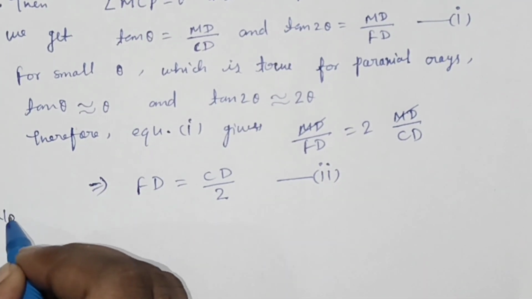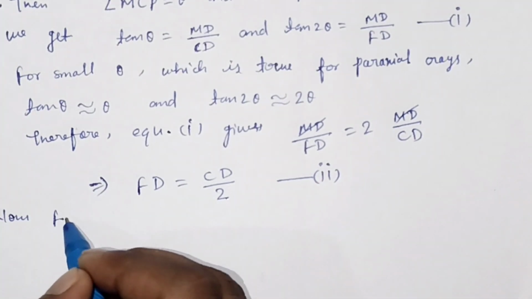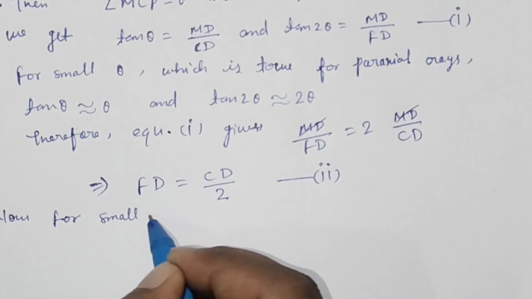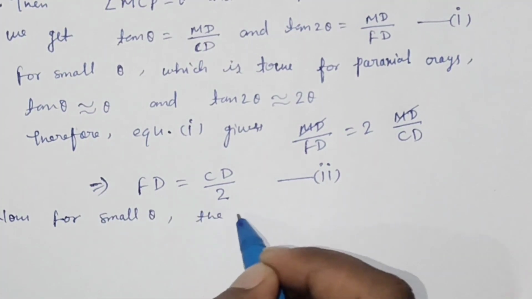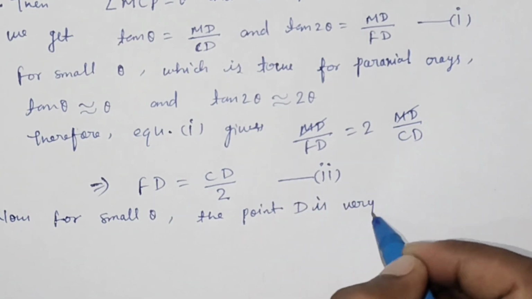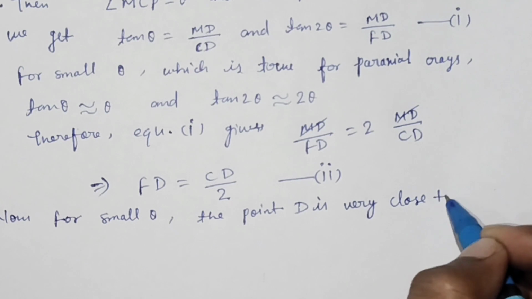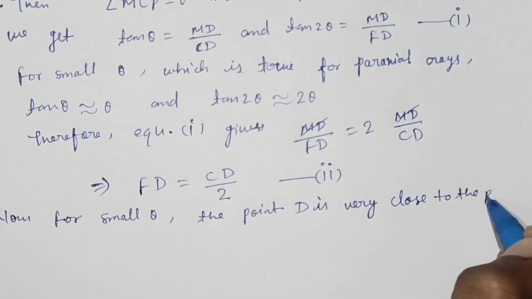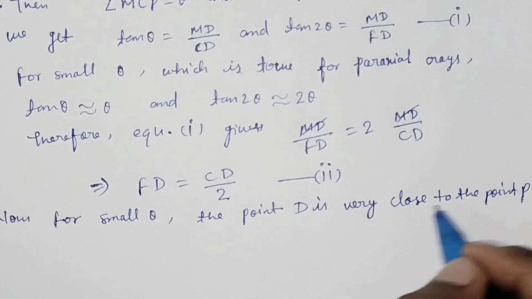So now for small theta, the point D is very close to the point P. Clear?